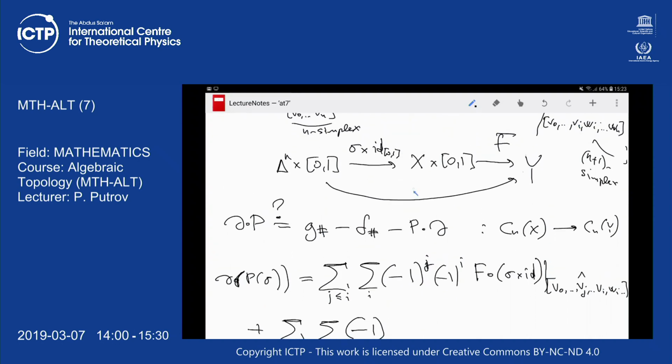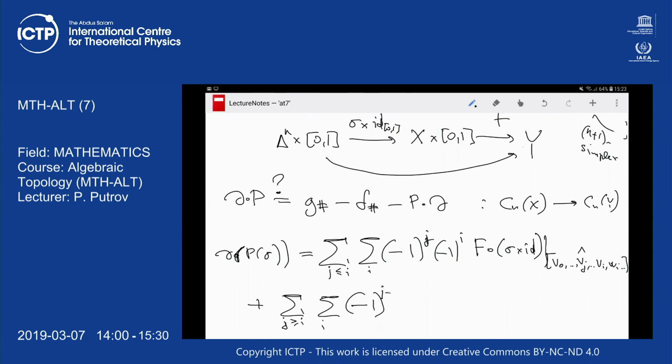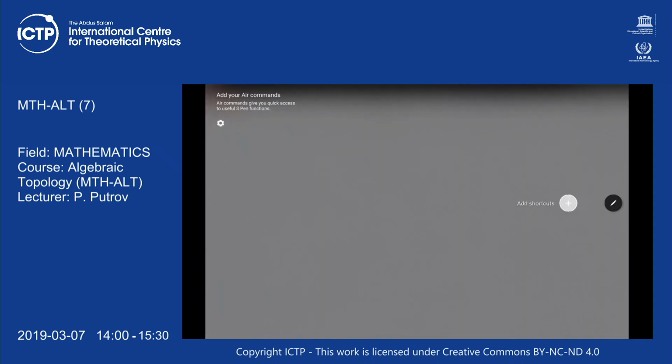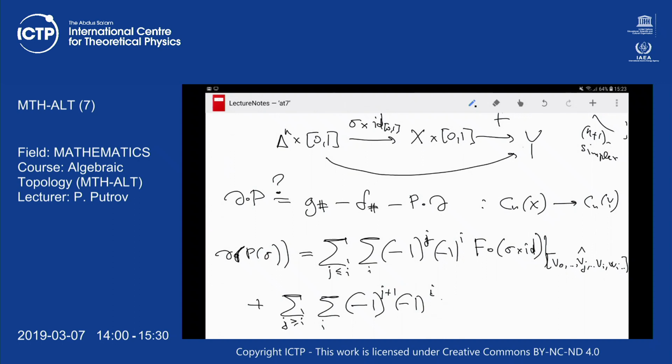The index I in this term and the index I here actually correspond to two different vertices, so we want to shift the index here by 1. So we get an extra minus. Here we keep all V vertices up to I, and we remove J's W vertex.